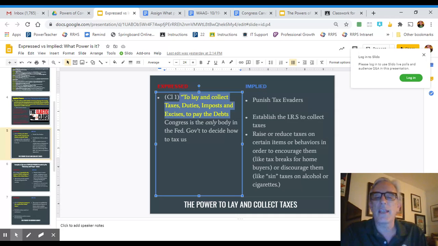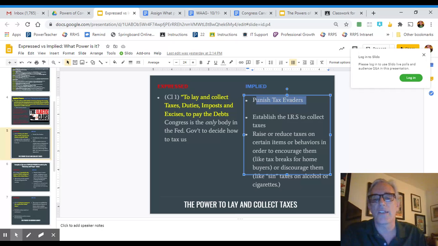But the necessary and proper clause added to that implies, as I said, they can also punish tax evaders, people who try to get away without paying taxes, or they can establish the IRS to collect taxes, or that they can make taxes that don't collect revenue, but instead are designed to encourage or discourage certain behavior, like taxing cigarettes so fewer people buy them, that sort of thing.